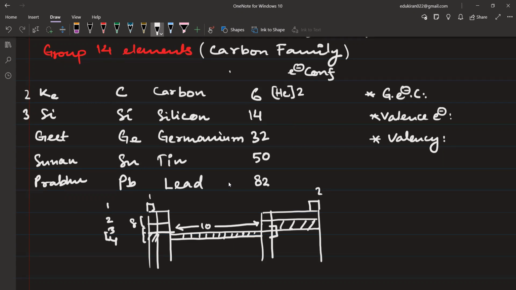This is helium 2s2, 2p2. Then similarly, you will get for neon. 2s2 will be already there. Then you will have 3s2 and 3p3. Okay, and so on.